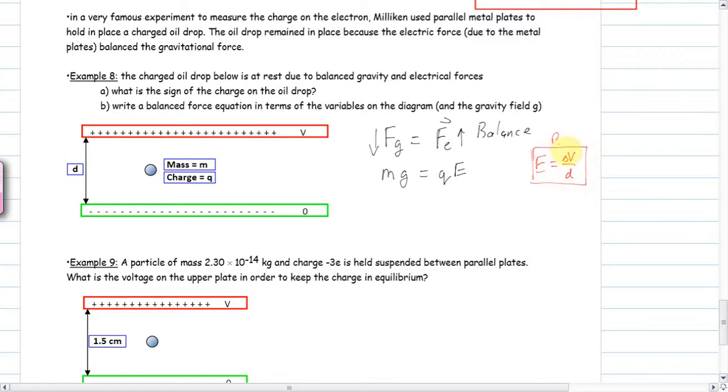That's again for parallel plates only. So if you plug that in, we get q, the change in voltage over the separation. And isolating for q, we get q equals mgd over V.